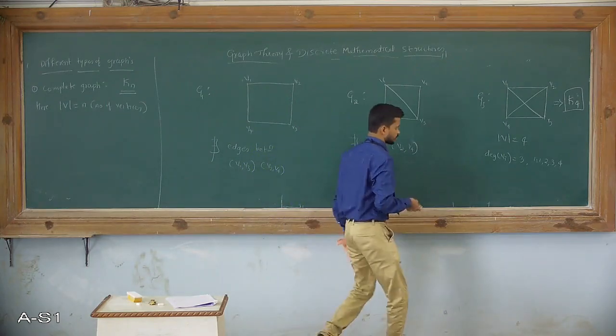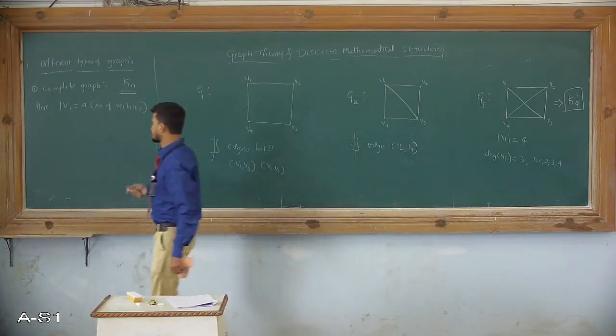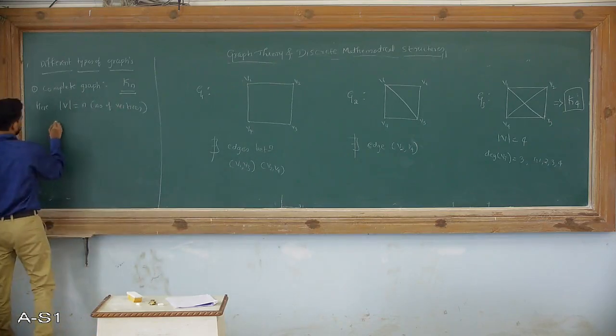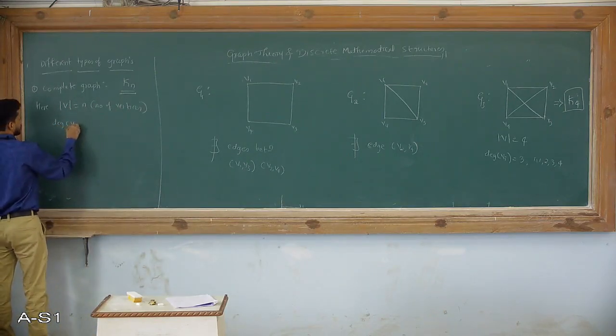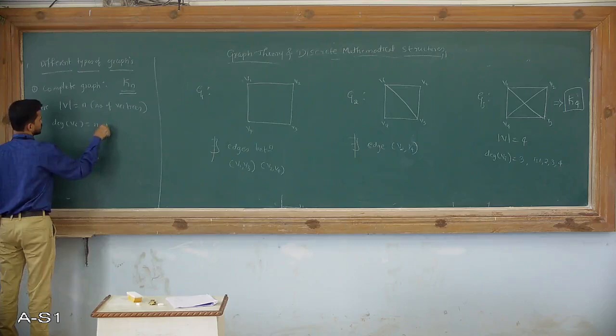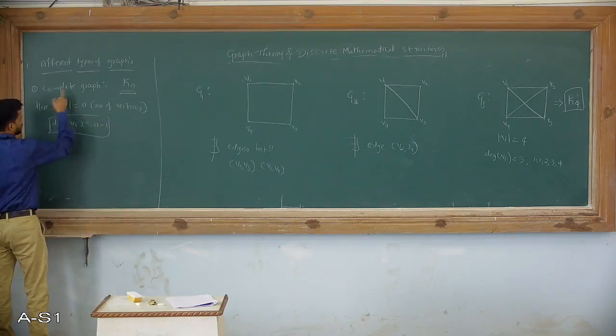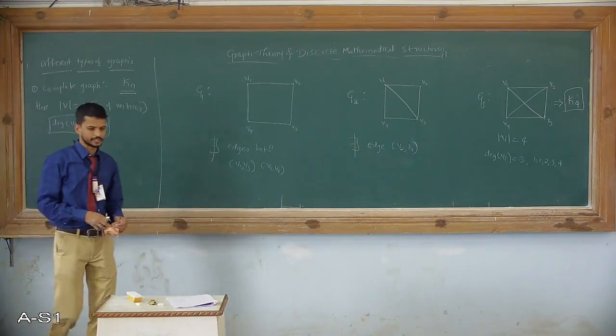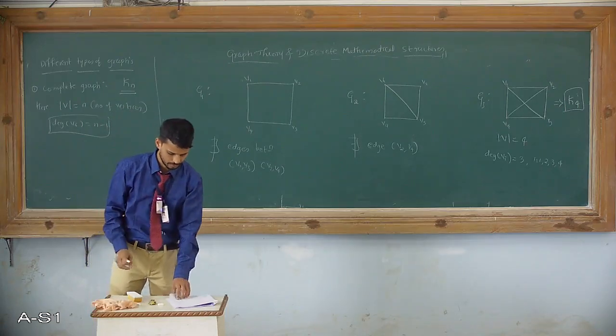In general, if a graph has n vertices, then the degree of each vertex is n minus 1. For a complete graph, the degree of each vertex is n minus 1.